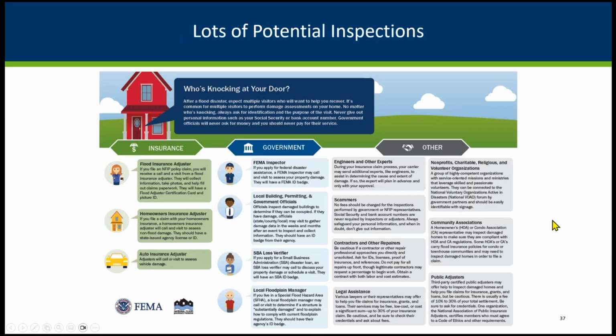This is a FEMA info sheet that shows some of the different folks that might be coming and doing inspections related to insurance, folks looking to see if it's a public assistance or individual assistance declared county, and then just others that might be out there.